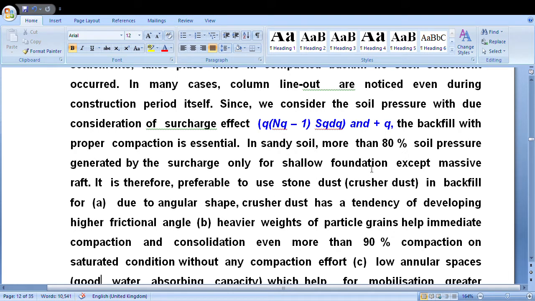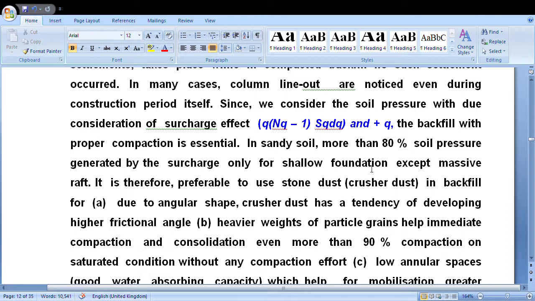So I am always saying that the backfill should be made with crusher dust or stone dust. There are some advantages of using crusher dust. Crusher dust can be compacted up to the required density, about 90% or more, even under water conditions, with very nominal compaction effort.